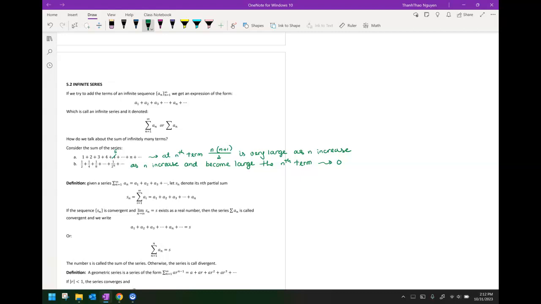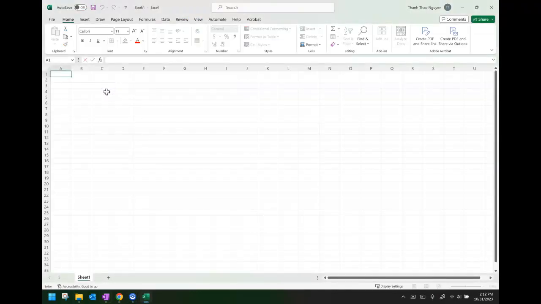So let's take a look at what that actually becomes, and we can do that by using Excel. So let's go ahead and try this. What does this sum actually become as n becomes sufficiently large? Let's start with our first term, second term, and let's see if we can make it to 30 terms.